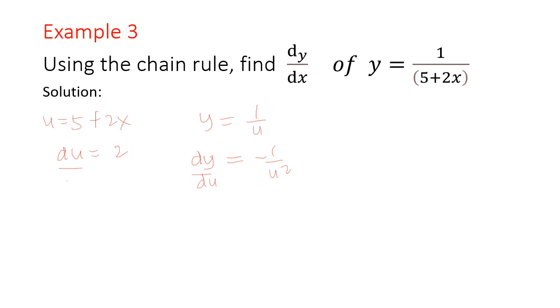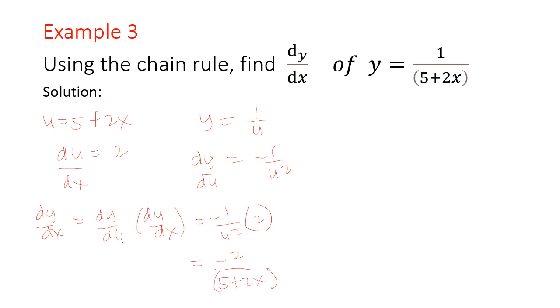Then dy over dx equals dy over du times du over dx, equals minus 1 over u squared times 2, equals minus 2 over (5 plus 2x) squared.